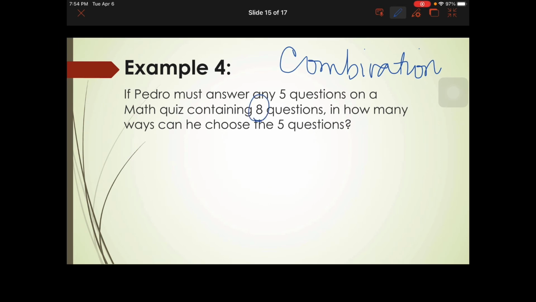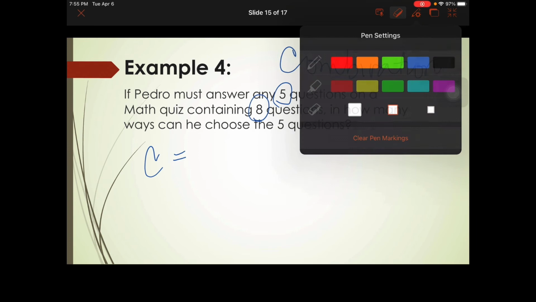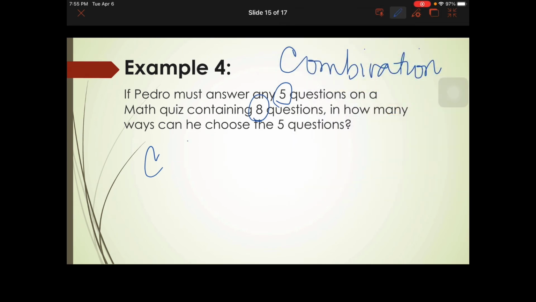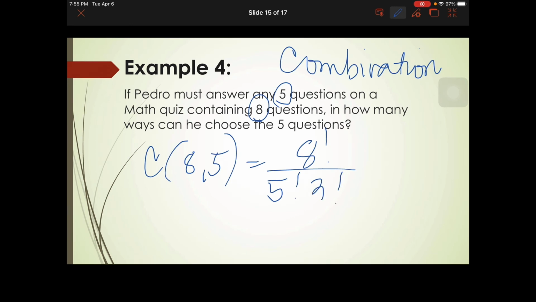You have 8 choices and you have 5 slots to fill. So it's going to be the combination of 8 taken 5 at a time. So meron tayong 8 factorial divided by 5 factorial divided by ang difference nila, 8 minus 5, that's 3 factorial.